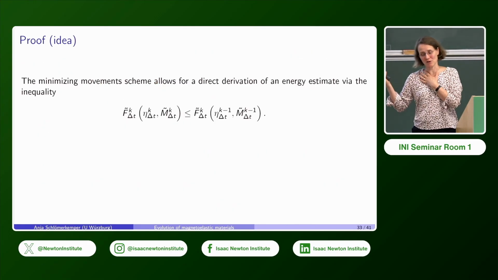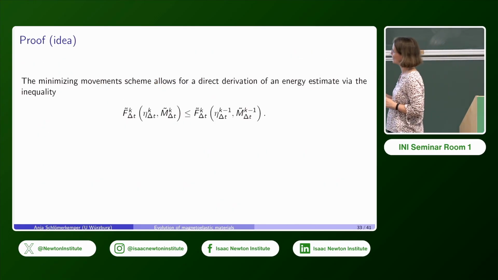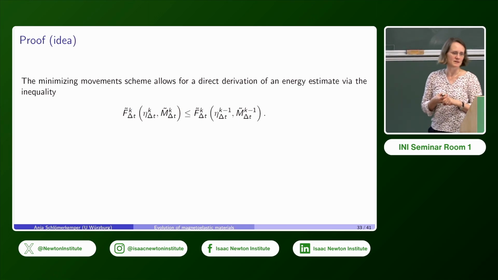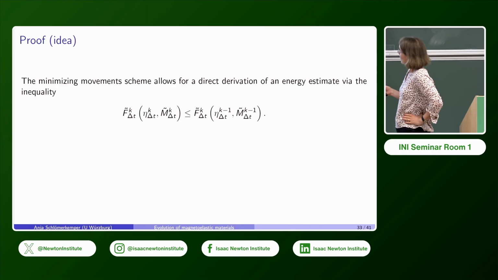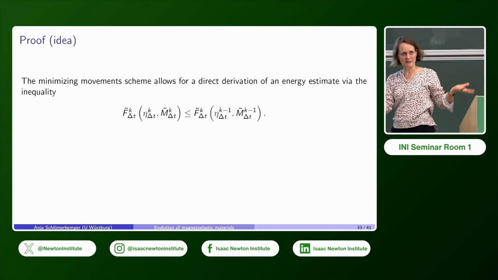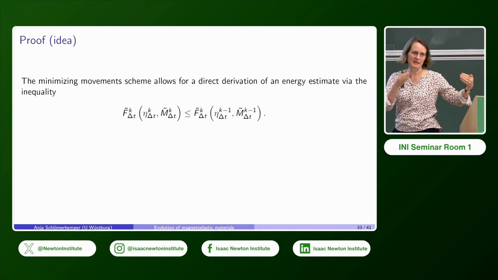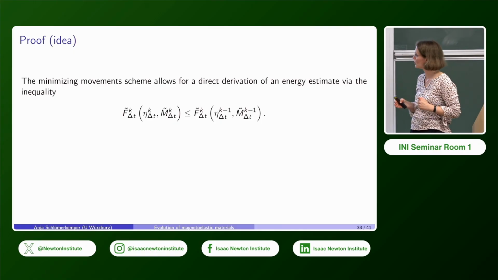So how does this now work? I would like to mention a few steps. I will give you on the following slides the definition of a functional F tilde, which will be made up of the energy and the dissipation potential.